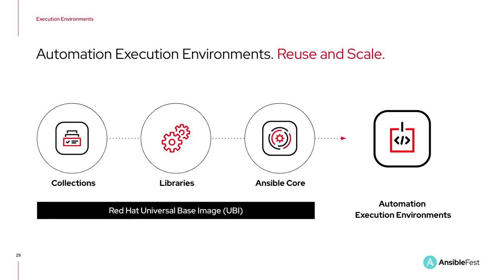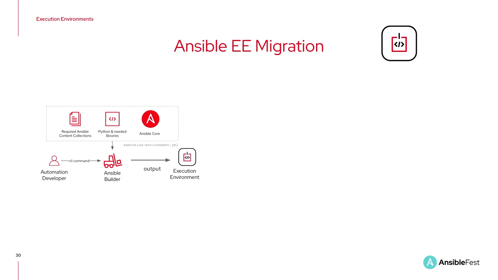But how do we actually reuse that, and how do we scale? That comes to the next step. We are also talking about migration, because in the previous version we were using a Python virtual environment, and now we need to create a container image. So with which tool do we create that? We're actually using Ansible Builder heavily. You define a file called, let's say, execution environment, and in there you define the different files for your dependencies.